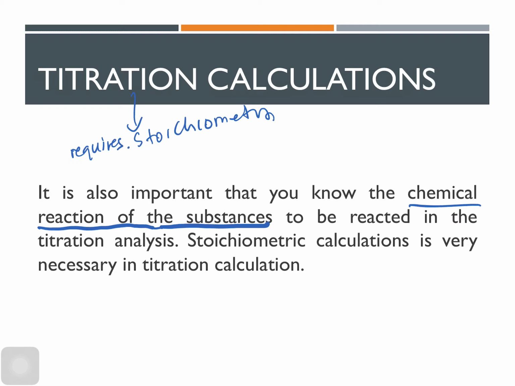If you can't establish the stoichiometry, you cannot do the titration. So you have to know what reaction is going to happen and how to express that in terms of a chemical reaction. That is important, because in stoichiometry, remember, we are talking about the moles of the substances.